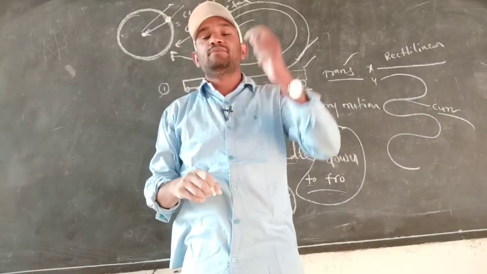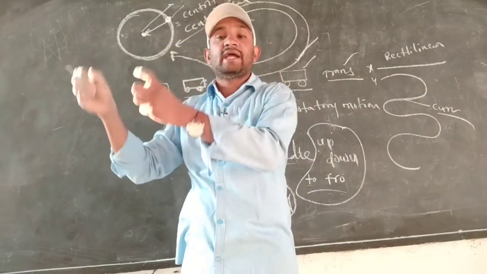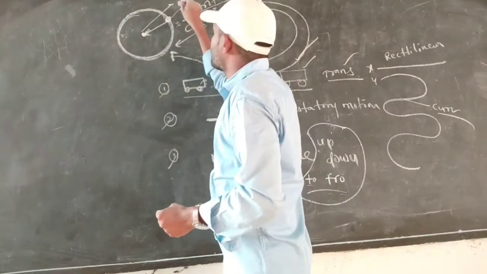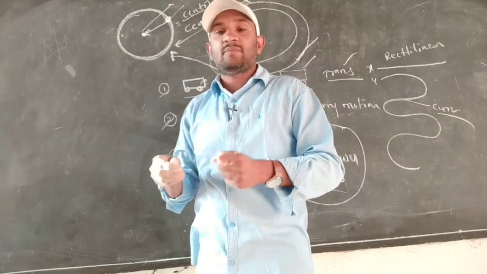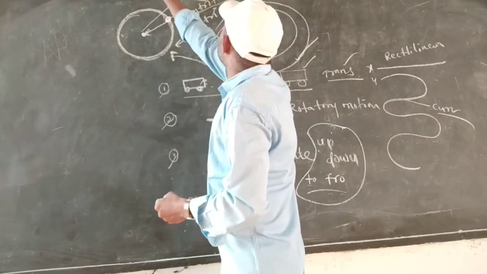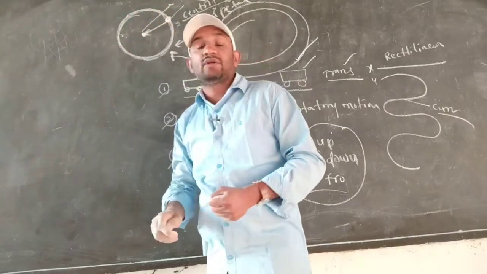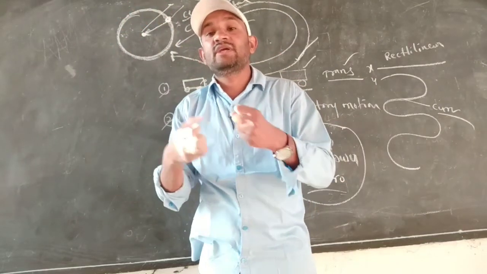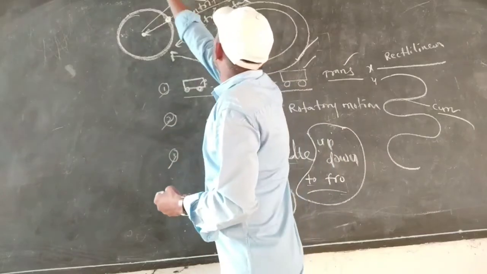Blood samples and urine samples in the diagnostic center can be separated by the centrifugal process. We can separate butter from milk by which forces? Centrifugal forces only. Precipitate from chemical reactions we can also separate by centrifugal forces.